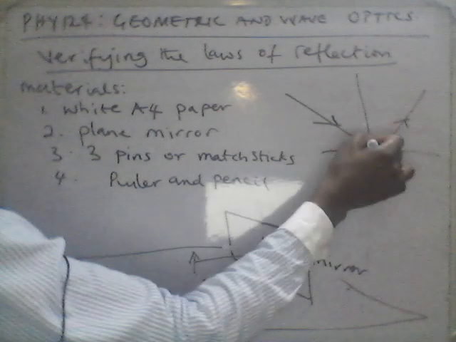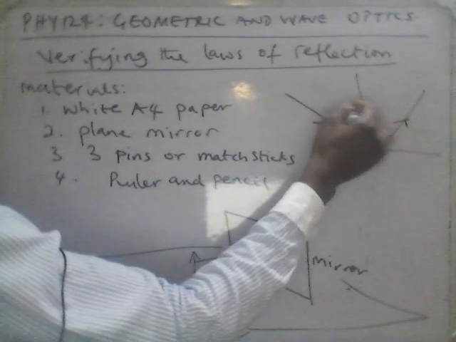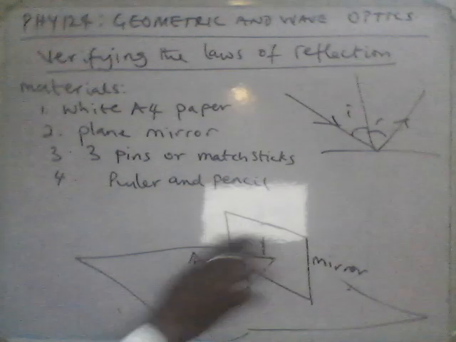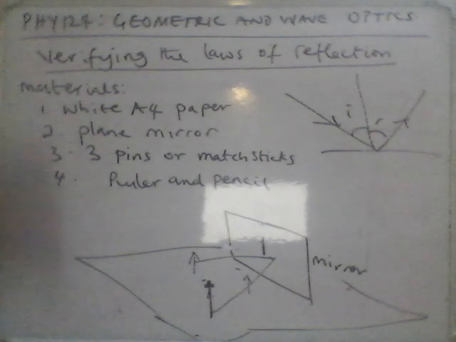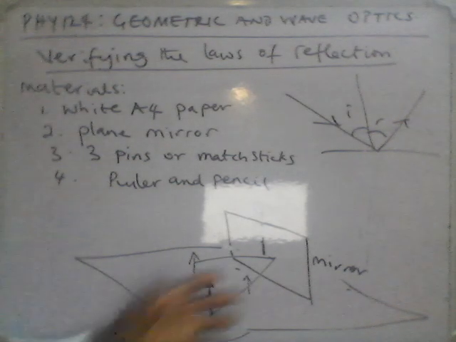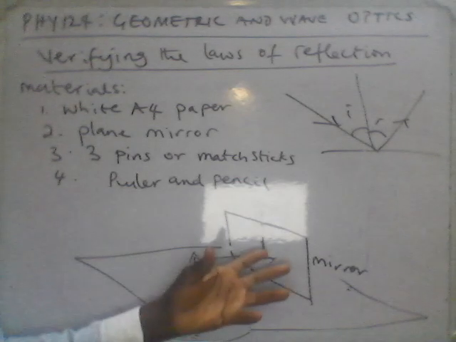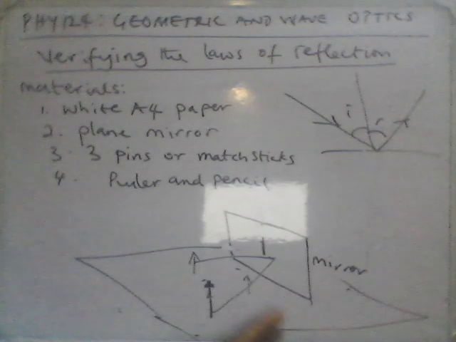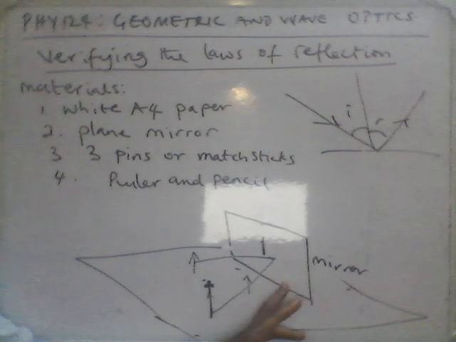Understand whether the angle of incidence and angle of reflection are the same. This is the practical demonstration with these materials. So by the time you go through, you draw the lines, and then when you remove the mirror from the plain paper, you see the lines geometrically.